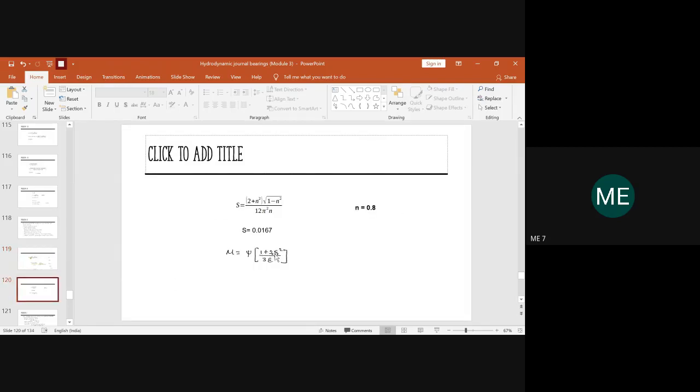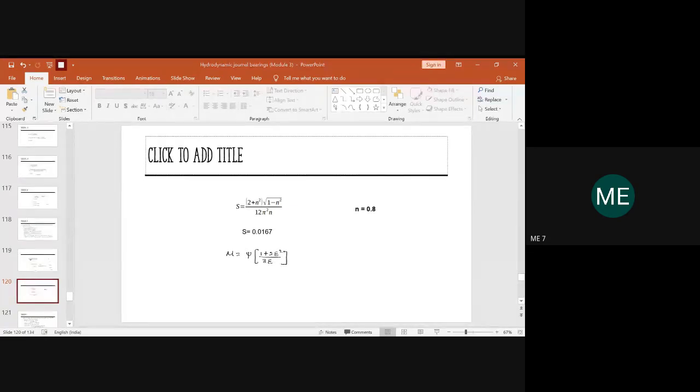And in 1 plus 2n square, n is our eccentricity ratio, represented as letter n in our terminology. So it is (1 plus 2 into 0.8 whole square) divided by 3 into 0.8. So substitute and let me know what value we get for coefficient of friction.